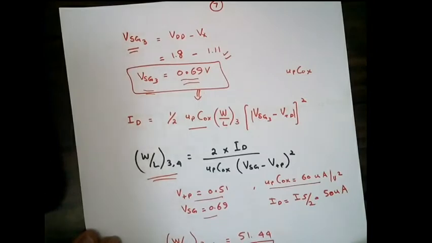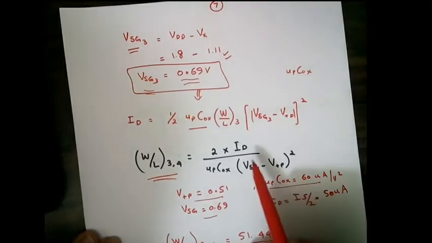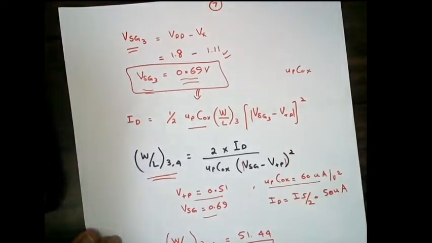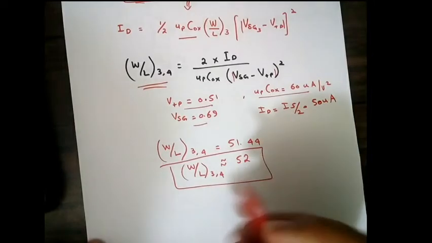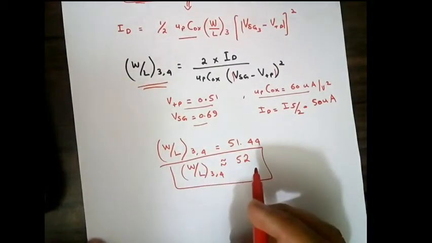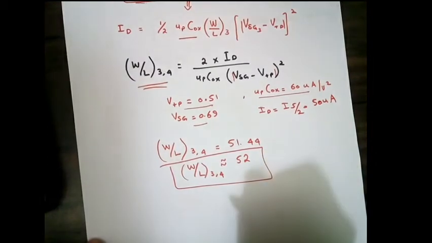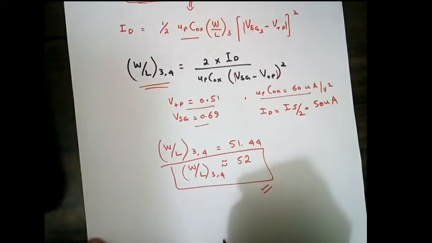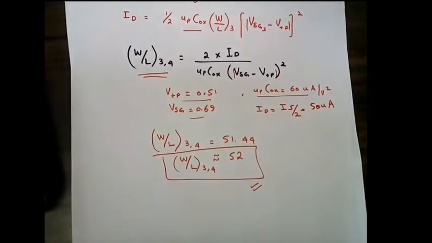W over L for 3 and 4, M3 and M4, is going to be 2 times ID divided by mu_p Cox (VSG minus VTP) whole square, so it's a mod value. If we just do the math and put in the values, the W over L of 3 and 4 comes out to be around 51.44. So we can safely take 52 as the ratio for 3 and 4.